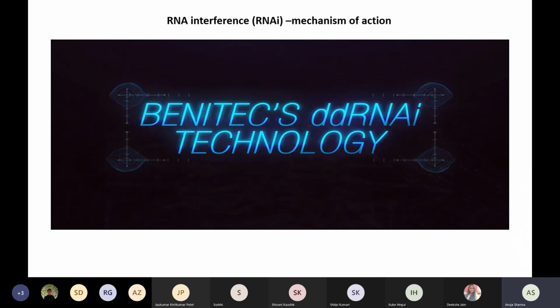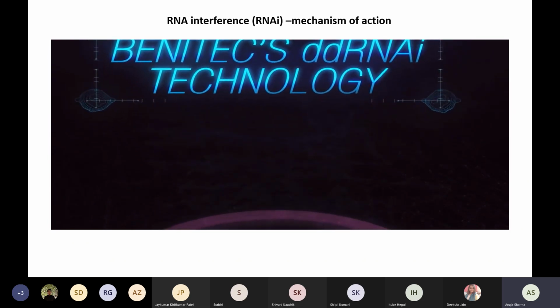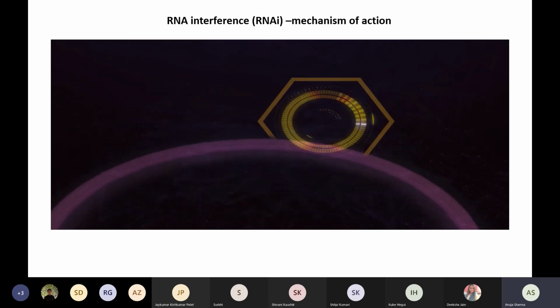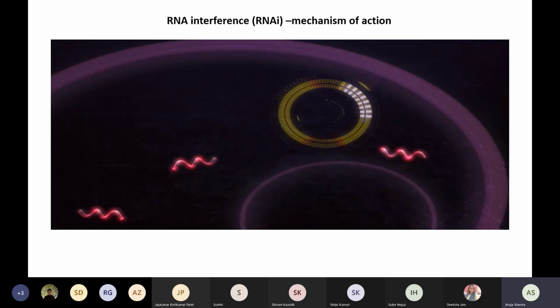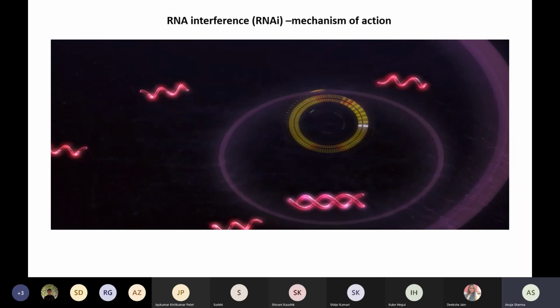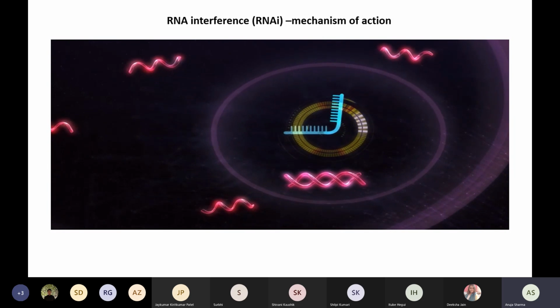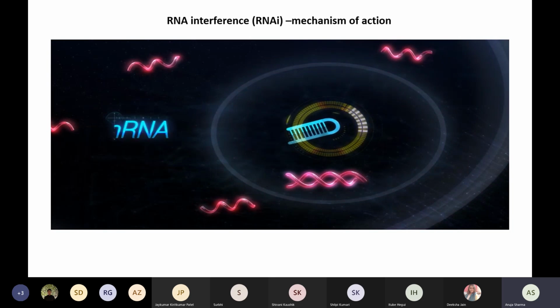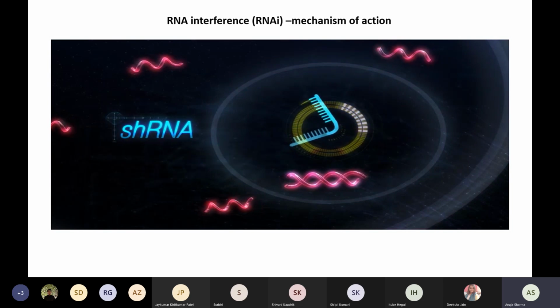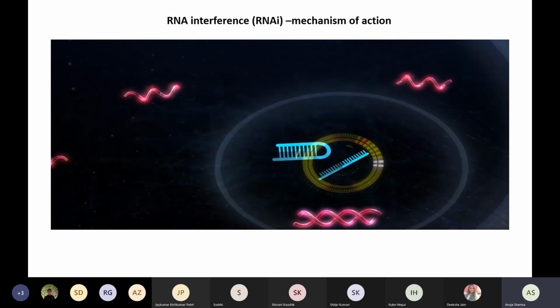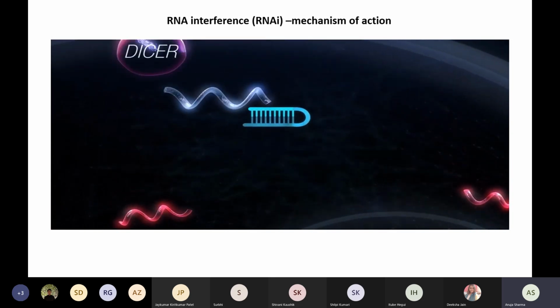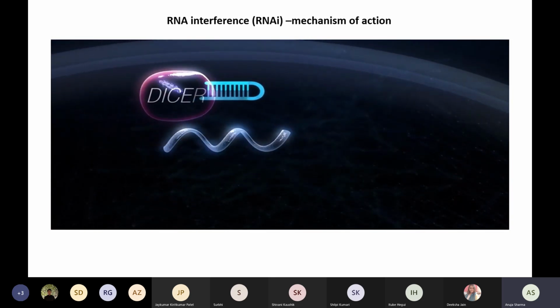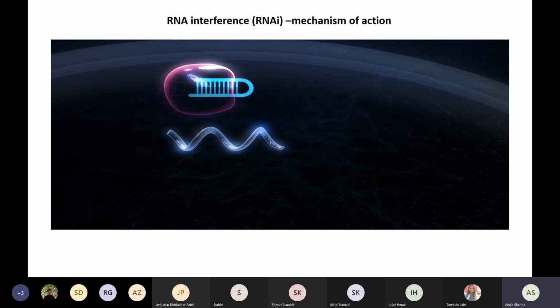Benitec has developed a technology that can provide permanent silencing of the target gene with a single treatment. The Benitec ddRNAi technology is a DNA construct that is delivered to the cell using a vector. The DNA construct enters the nucleus of the target cell. Double-stranded RNA in the form of a short hairpin, or shRNA, is then continuously expressed from the construct. The shRNA passes through the nuclear membrane into the cytoplasm of the cell, where an enzyme, DICER, chops off the loop.